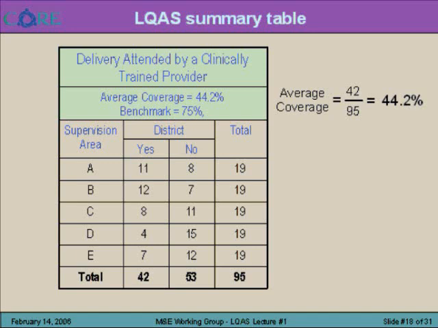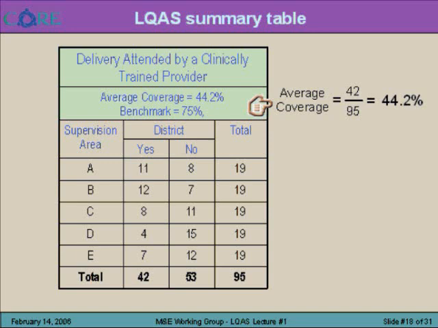Let's assume that we are assessing the number of deliveries attended by a clinically trained provider in our project catchment area, and that this catchment area has been divided into 5 supervision areas, A, B, C, D, and E. From the number of correct responses, 42 in the yes column, and the total sample size, 95, we found out that 44.2% of deliveries get attended by a clinically trained provider.